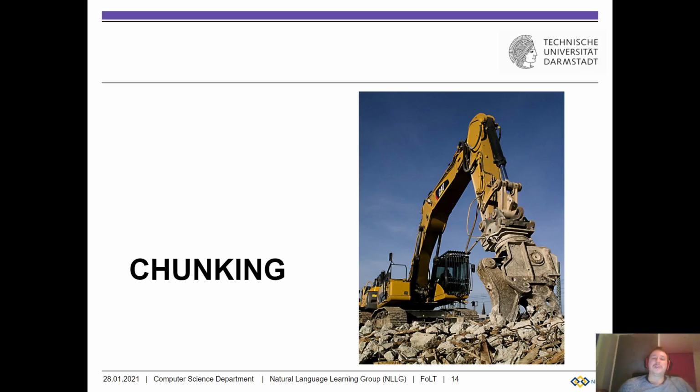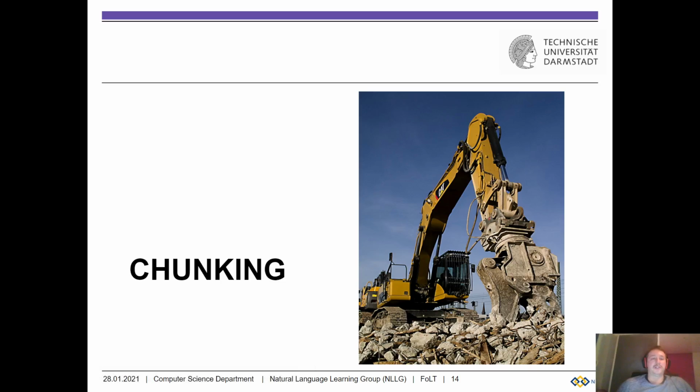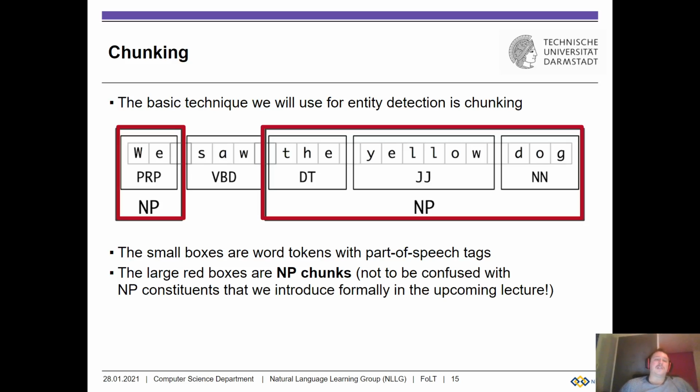We're going to be doing chunking, which is the extraction of certain phrases, and in the context of entities, we are particularly interested in noun phrases. And what chunking is doing, as you can see here, is it takes some information and breaks it apart into smaller units. Let's see how that would look.